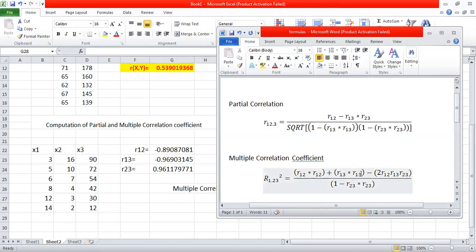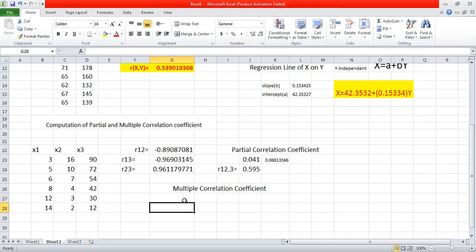So first, the numerator value we have to write. Next, the denominator value. Coming to the numerator, what is the numerator? R12 square plus R13 square minus 2 R12, R13 and R23. So first I'll find the numerator value. I'm finding the value of R1.23 square.